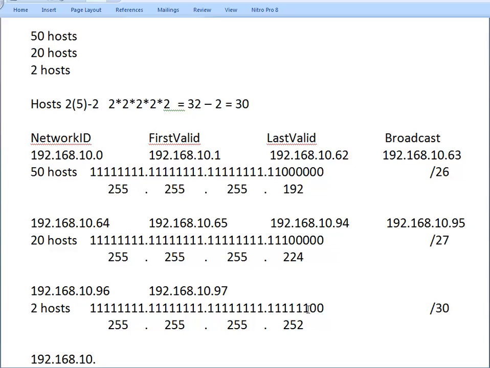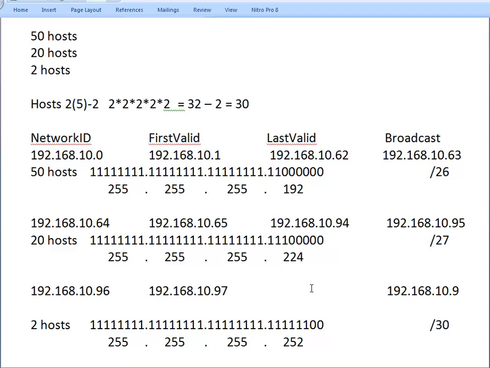And see, this is on the fourth octet where they separate, and this bit represents 4. So this will be 100 if you add 4 to 96. The broadcast address for the third network will be 192.168.10.99, and the last valid is 192.168.10.98.